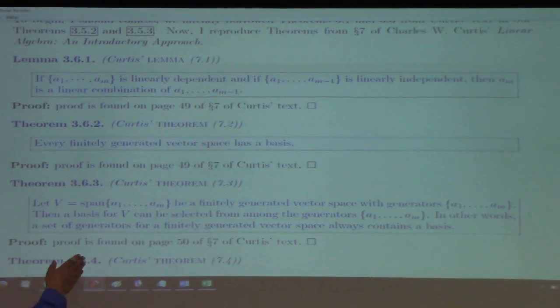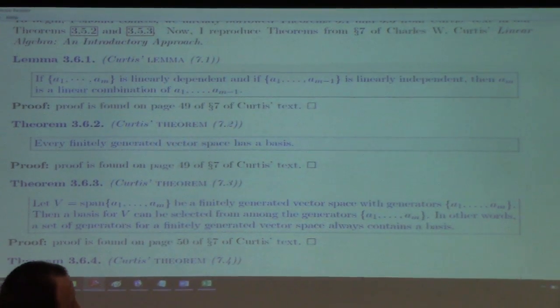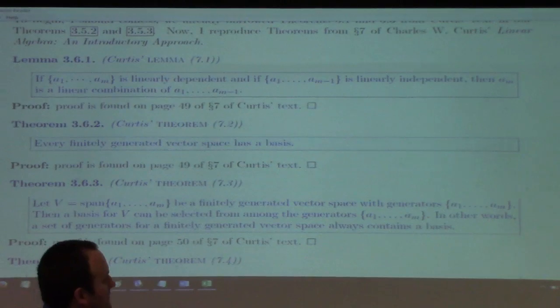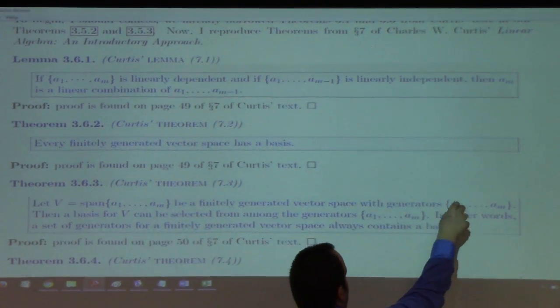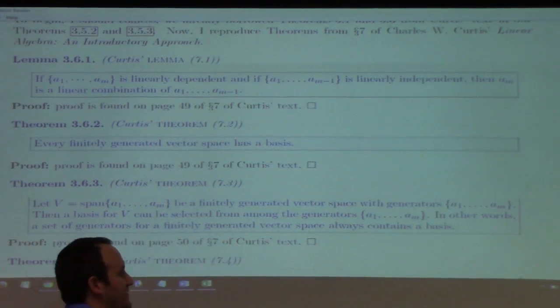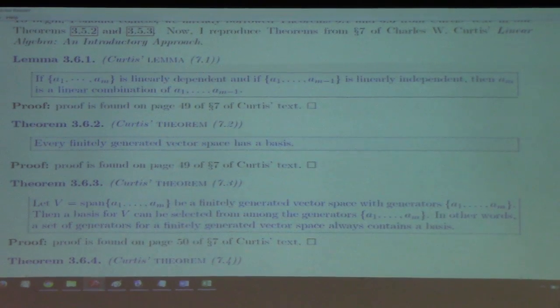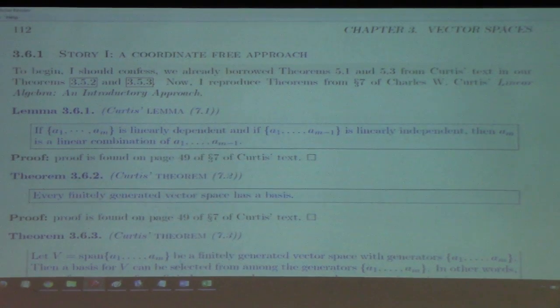If you have a finitely generated vector space with generators A1 through AM, then you can remove things from this until it becomes linearly independent. In other words, any generating set you can always pare down until it becomes a basis by removing vectors, which is very nice.